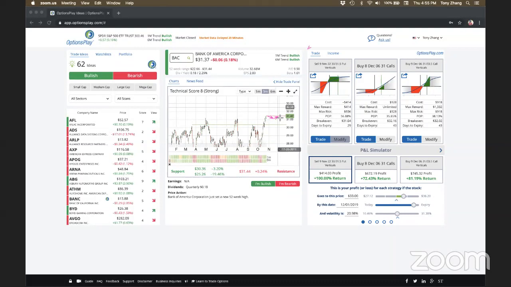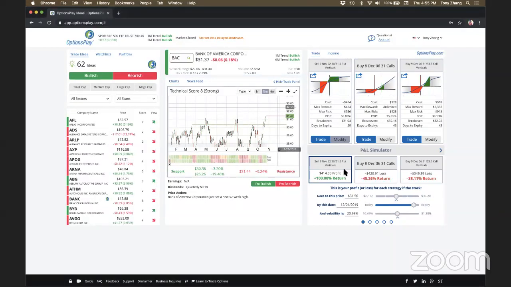Maybe you're not as bullish on financials, but you recognize that it broke out to all-time highs, so you think 31 is a major support level and you don't think it's going to go below 31, so you sell that put vertical. If the stock stays around that 31 or 31.50 level, here I make $414, versus if I bought the debit spread, I lose $349.